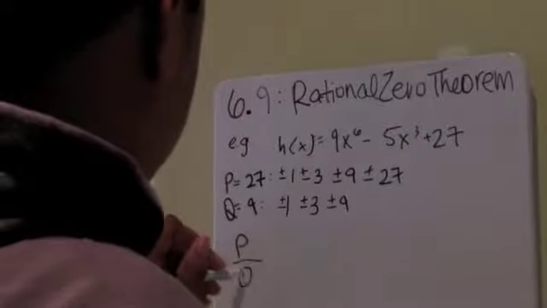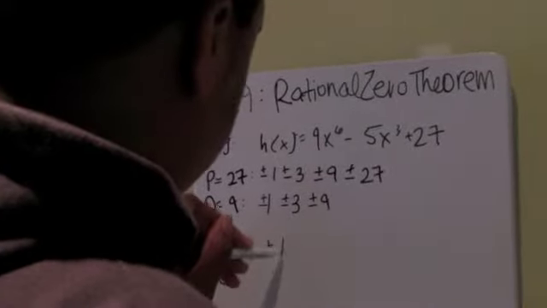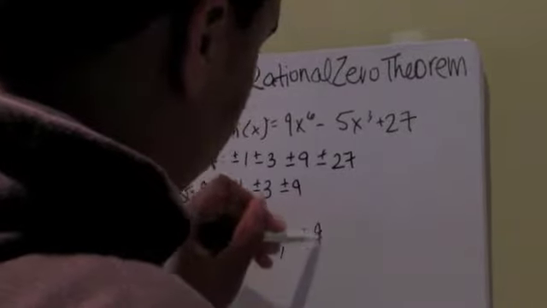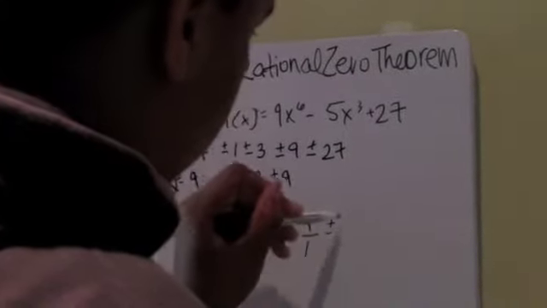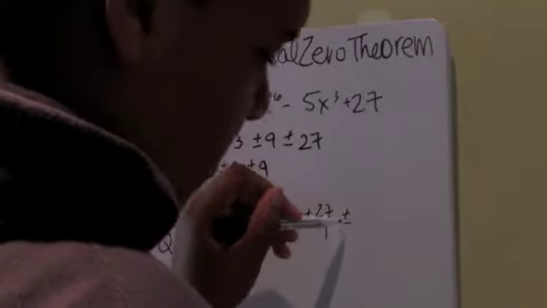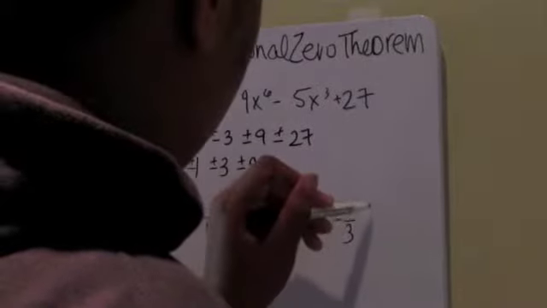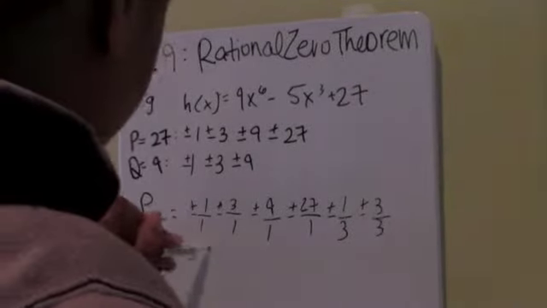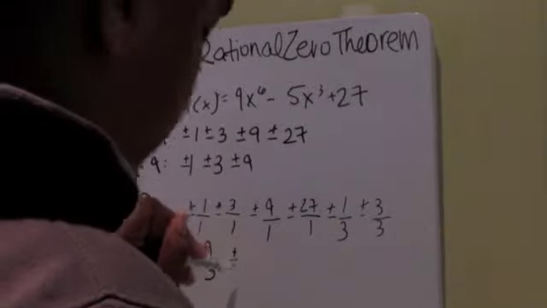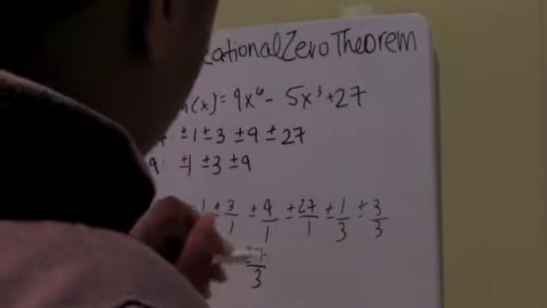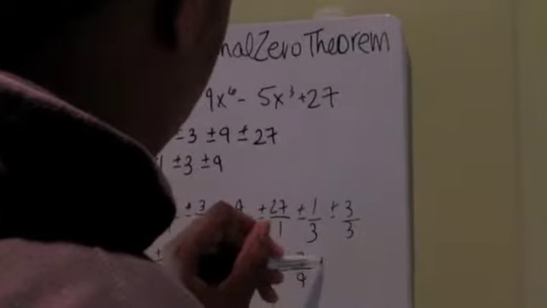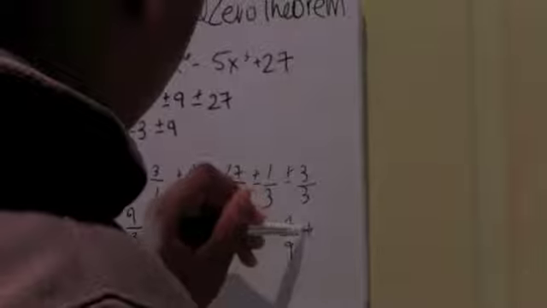So P over Q equals plus or minus 1 over 1, plus or minus 3 over 1, plus or minus 9 over 1, plus or minus 27 over 1, plus or minus 1 over 3, plus or minus 3 over 3, plus or minus 9 over 3, plus or minus 27 over 3, plus or minus 1 over 9, plus or minus 3 over 9, plus or minus 9 over 9, and finally plus or minus 27 over 9.